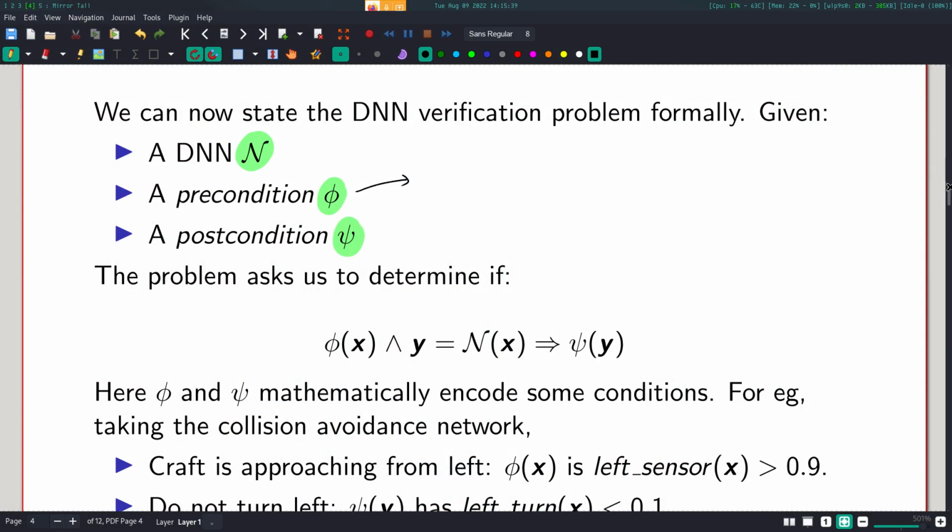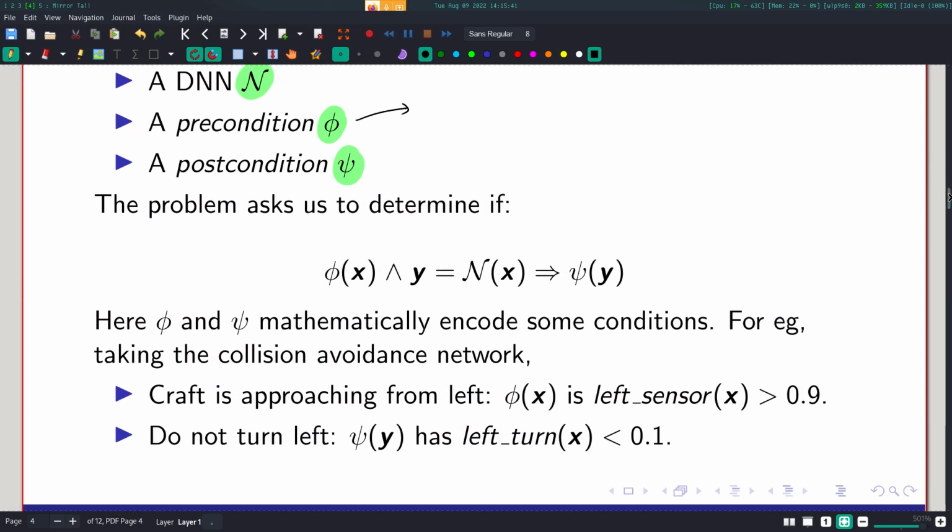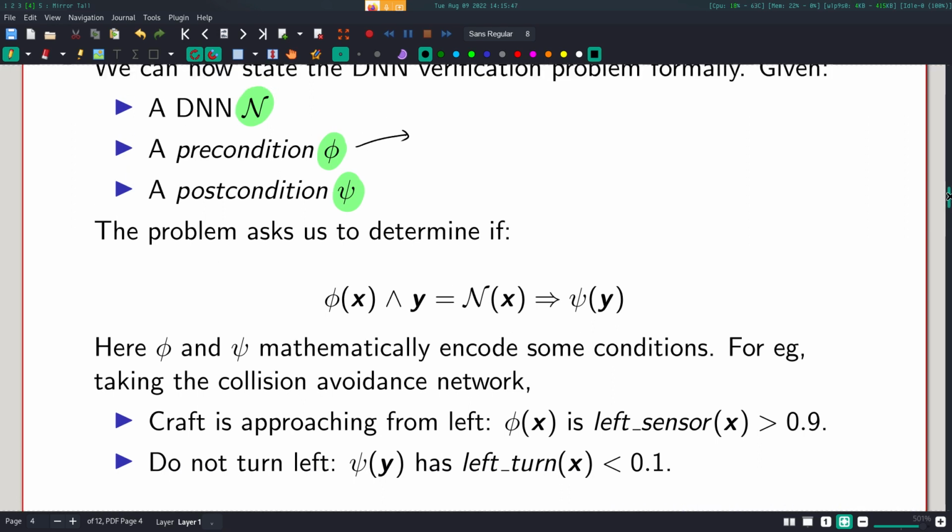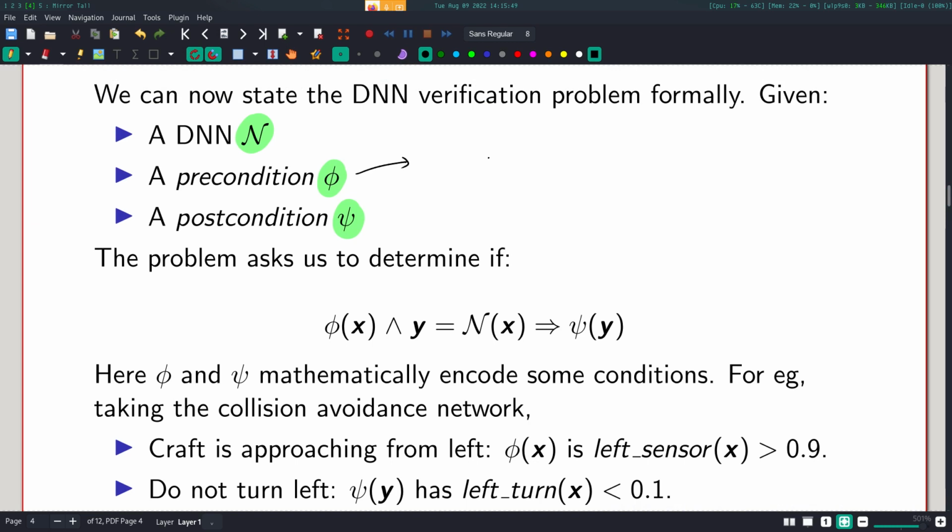So for example, if you consider the aircraft collision avoidance situation, then you can say that you have some property that you want to specify. Let's say that there is an aircraft to the left, an intruder, let's say, right?